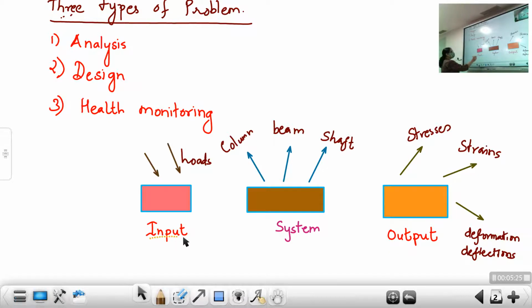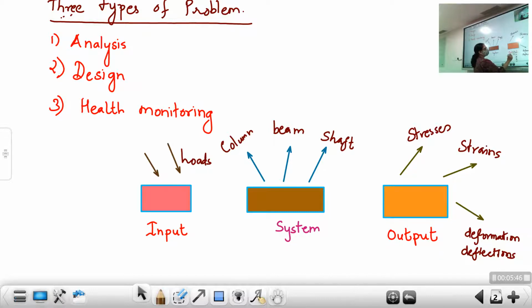When you say inputs, this includes the loads that are coming onto the system. So this is our system, and these are the loads which indicate the inputs. You very well know that when the loads are applied to the system, there will be some consequence of it which will give out some outputs.